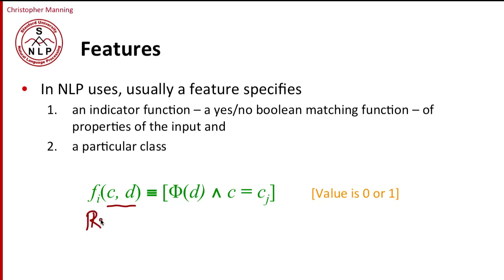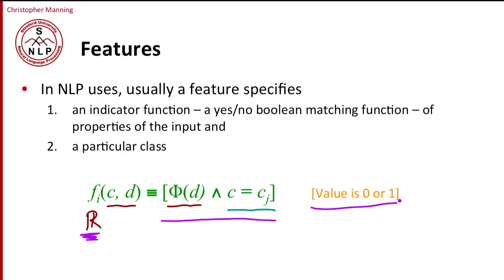But in practice, the features that we define have this very particular form. So we have a matching predicate against the data, something like ends in the letter C and is a capitalized word, and that's conjoined together with saying a particular class is matched. The return value of the feature can in general be a real number, but our features here are logical Boolean predicates, and so their return value is either 0 or 1.